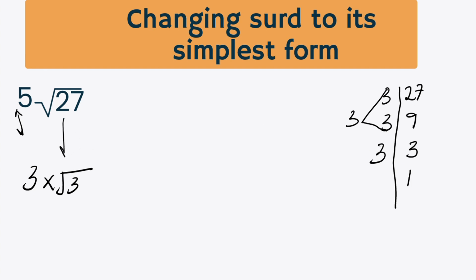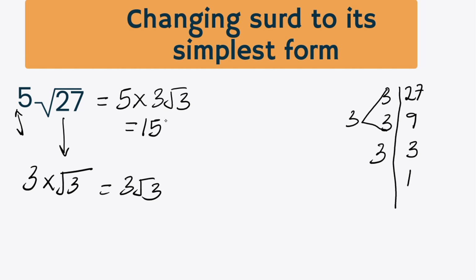So that means that root 27 has given us 3 root 3. So therefore I can replace this to be 5 times 3 root 3, and this will give me 5 times 3 is equal to 15 root 3, and this is my final answer.